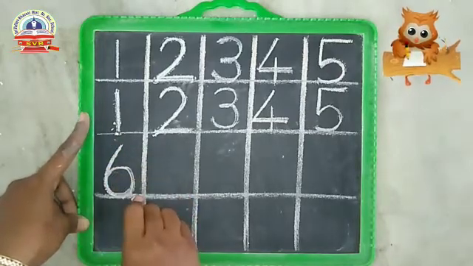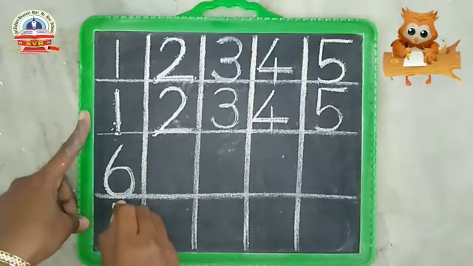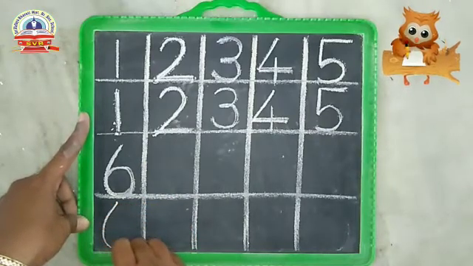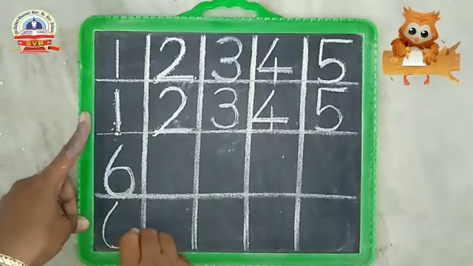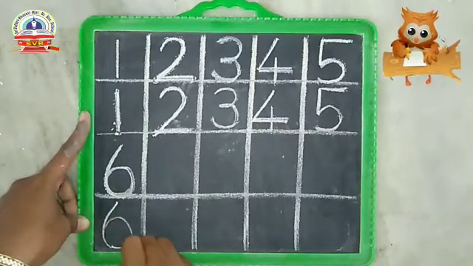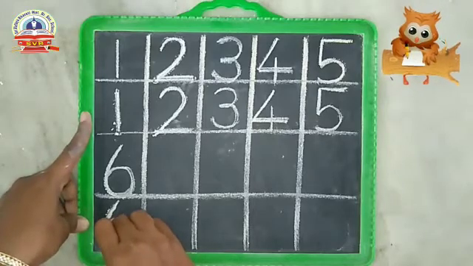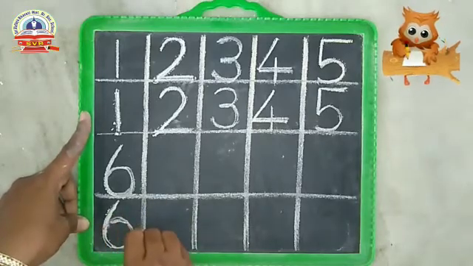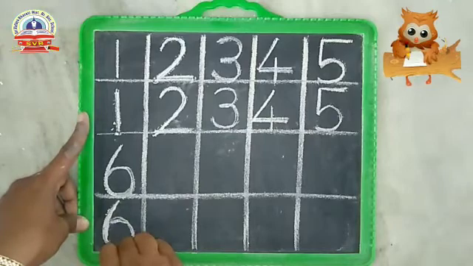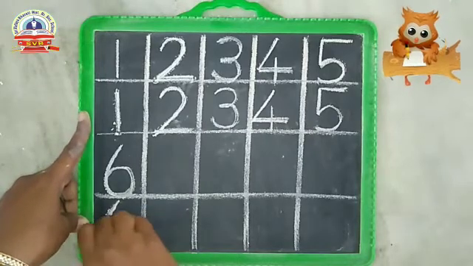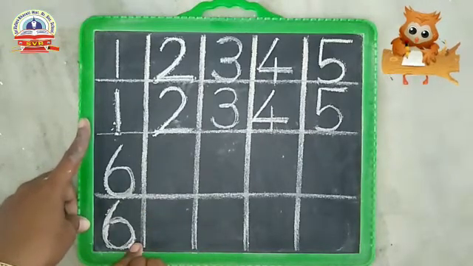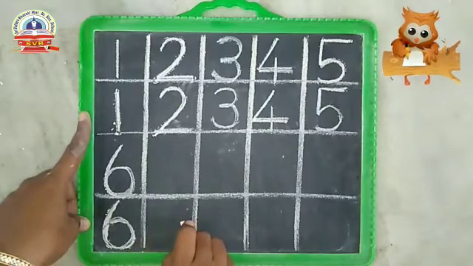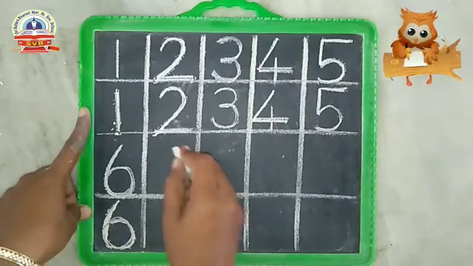This is number 6. Write with me. Right curve should come down and bend. This is number 6. Next comes 7.